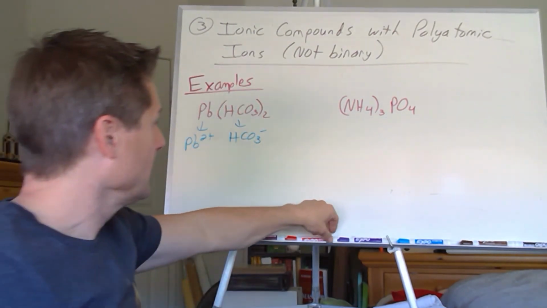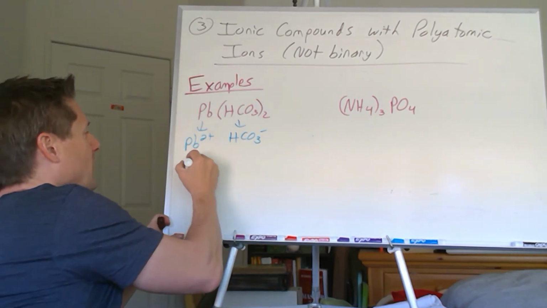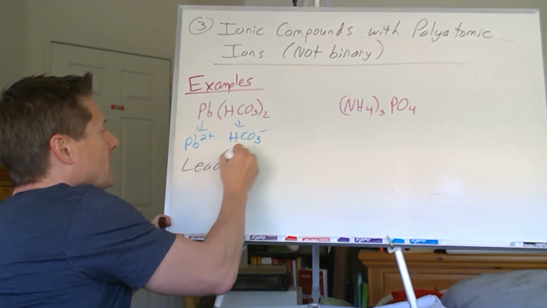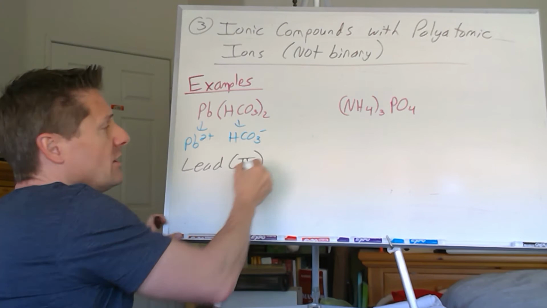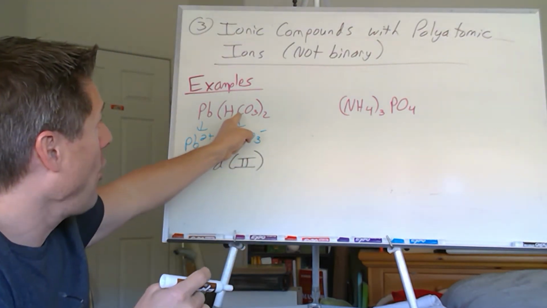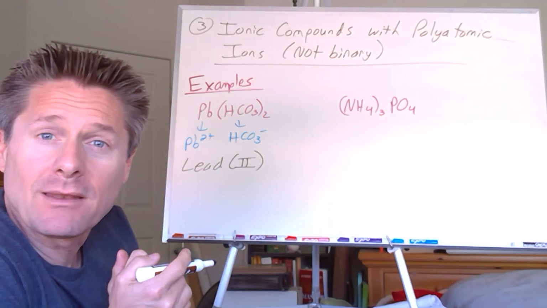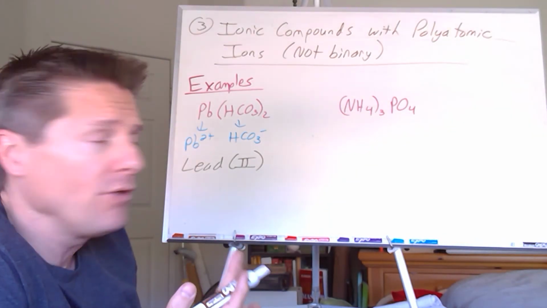We can do this. Let's name this baby. Let's do it in brown. So that's type 2 metal, so I got to put the lead. Let's put the charge in Roman numerals, just like we would for any type 2 ionic compound. And then all we do is just add the name of that polyatomic ion, because the charge doesn't change, so we don't alter anything.